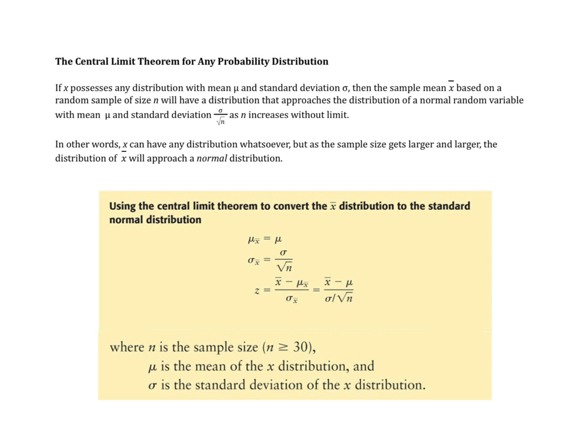In other words, x can have any distribution whatsoever, but as the sample size gets larger and larger, the distribution of x bar, the sample mean, will approach a normal distribution.